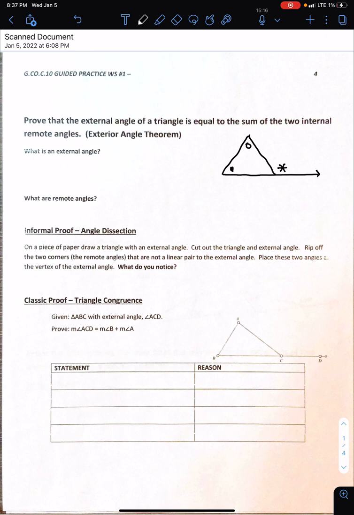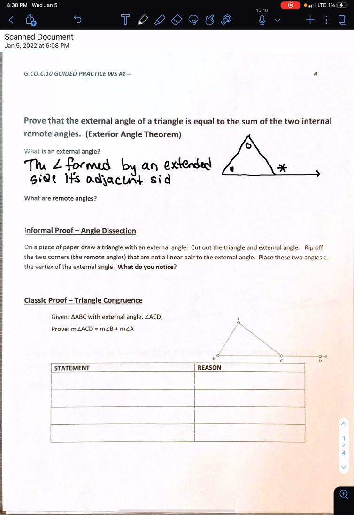Okay, so let's just quickly define external angle. The external angle is the angle formed by an extended side and its adjacent side. All right, so that is that angle right there.